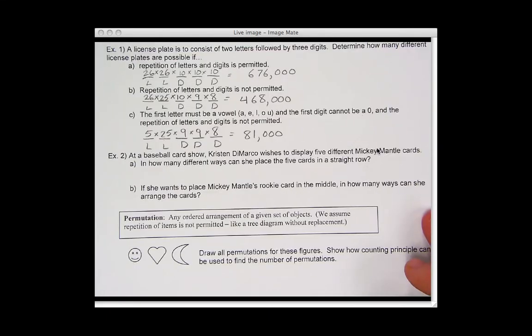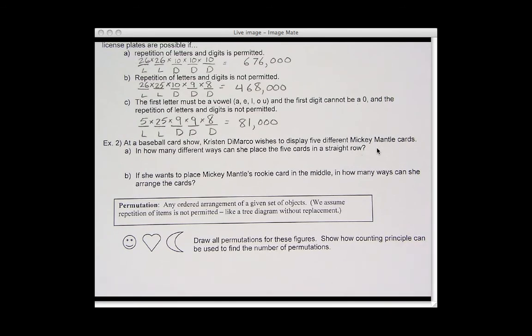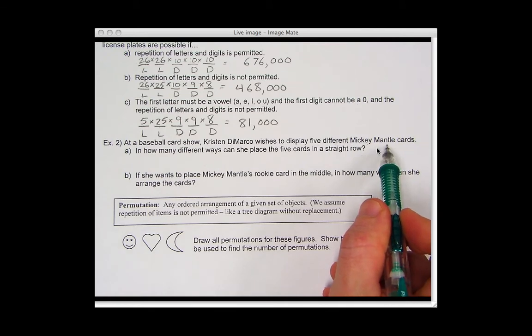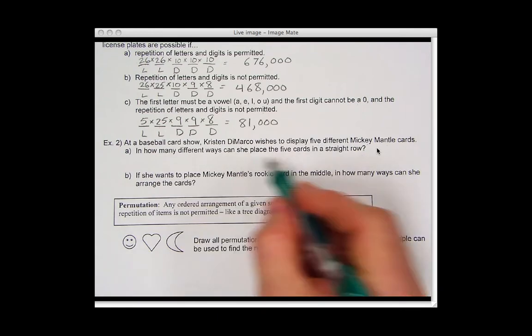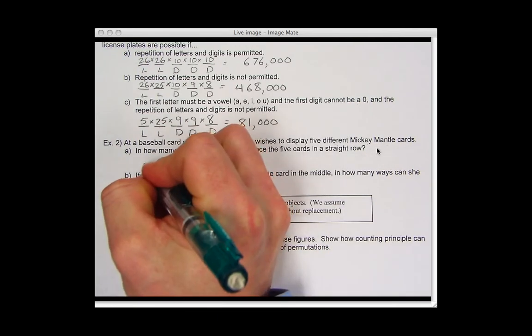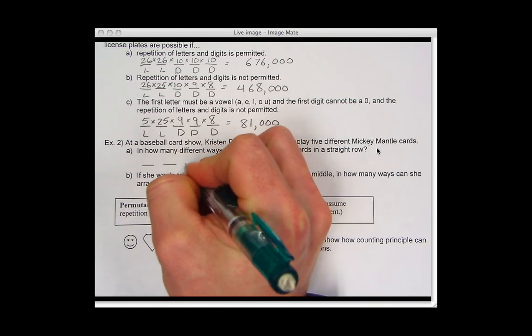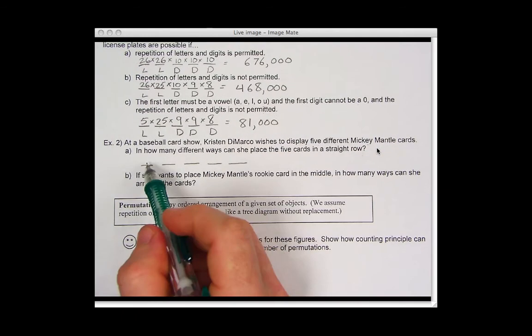Now looking at our next example, this is talking about the different ways to arrange a specific number of items. Now you'll notice here we have 5 different Mickey Mantle cards. So it's important that every card is different. Okay, so we want to place the 5 cards in a straight row. So we still set up our places. So we have 5 spots for the 5 cards. We just ask ourselves, how many cards could go in the first position?